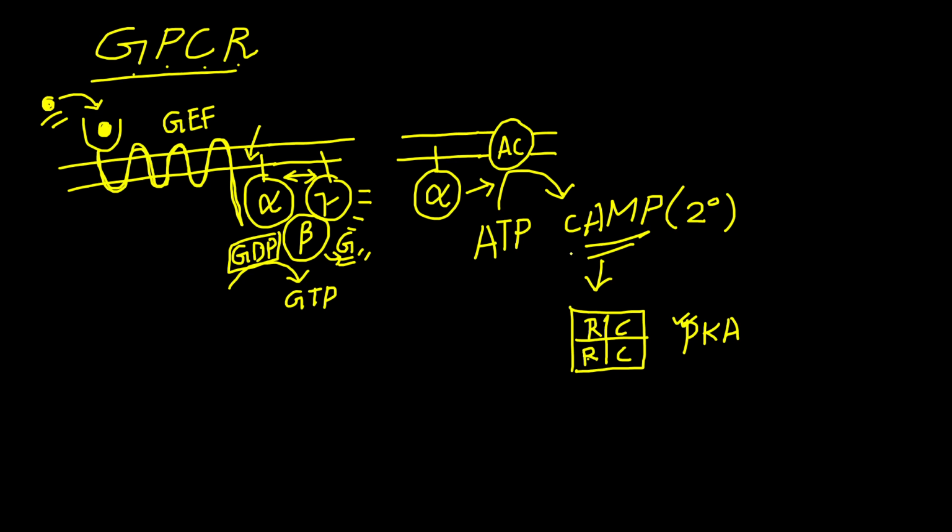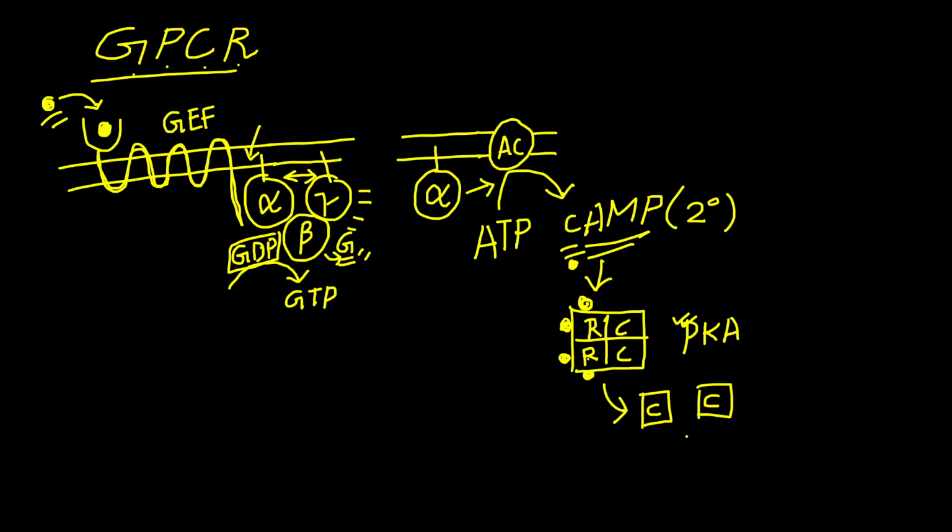But as soon as cyclic AMP is formed, this cyclic AMP binds to the regulatory subunit like this. Each regulatory subunit binds to two molecules of cyclic AMP. Now the catalytic subunit becomes free. So now it is in active form.